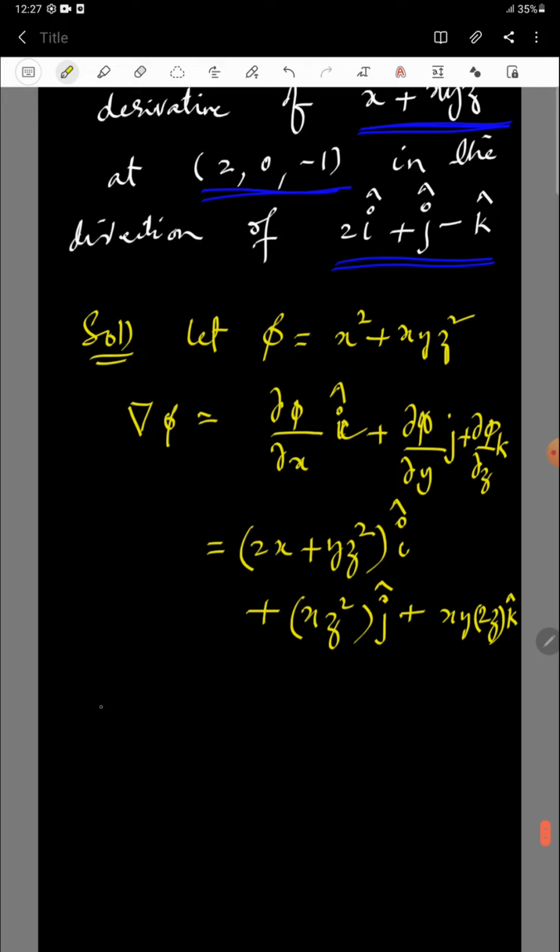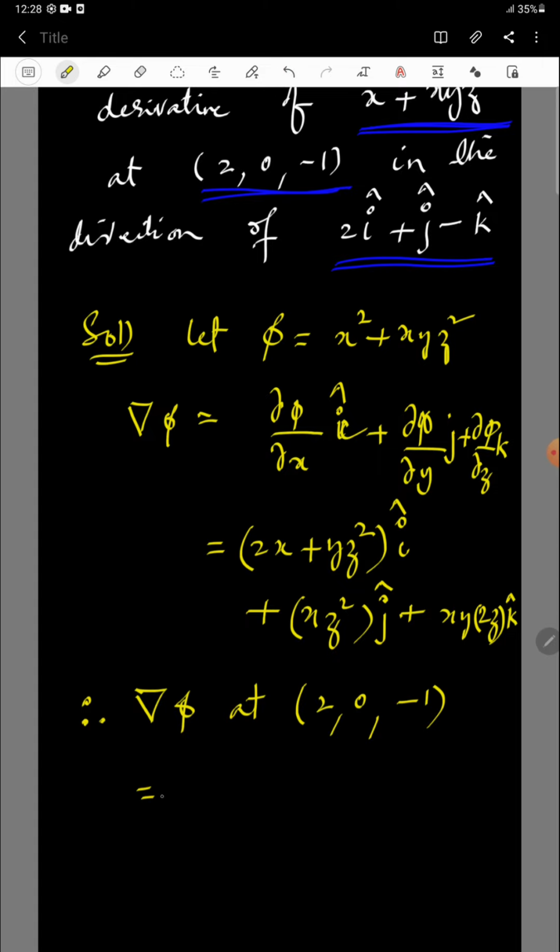So after finding del phi, next is substitution of the point. Therefore del phi at the point 2 comma 0 comma minus 1: in the place of x I will substitute 2, in the place of y I substitute 0, in the place of z I substitute minus 1. So substitution of this gives one vector.